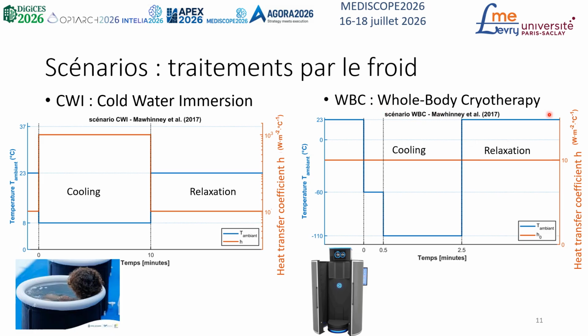For the whole body cryotherapy case, after the warm-up, subjects undergo two successive temperature drops: minus 60 degrees, then minus 110 degrees, then rest. To validate this experiment, the authors performed temperature measurements at skin surfaces and at different depths of the vastus lateralis, a thigh muscle.